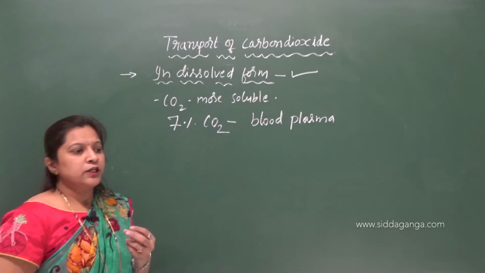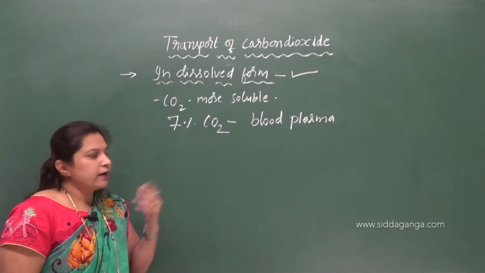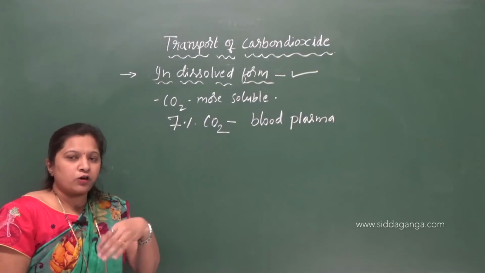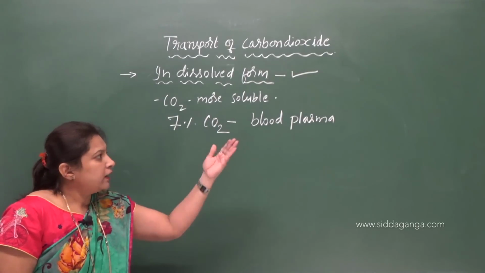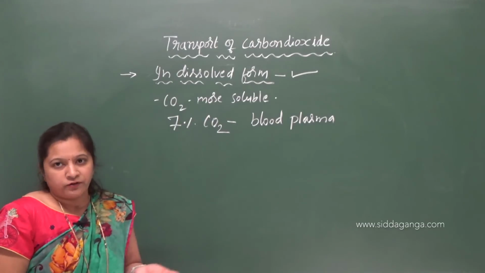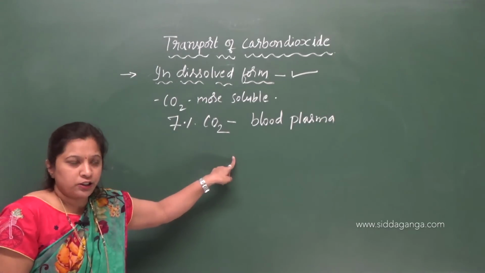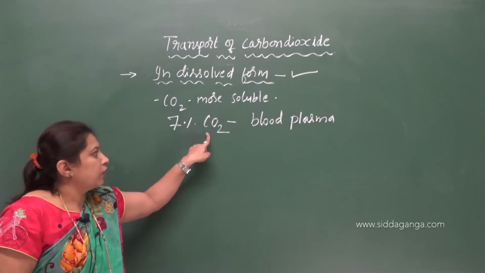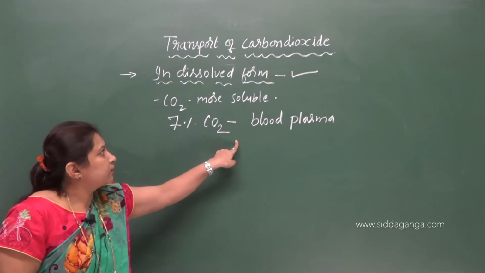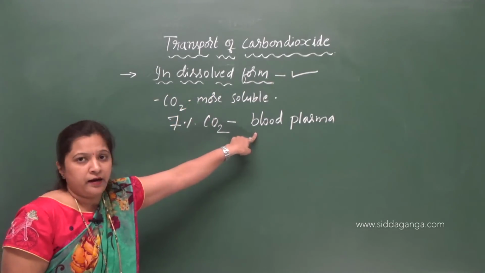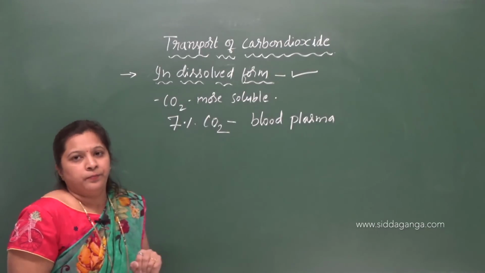Whereas oxygen is less soluble when compared to carbon dioxide, hence only 3% of oxygen is transported by the blood plasma in the form of solution. But carbon dioxide has higher solubility than oxygen, so about 7% of the carbon dioxide is transported in dissolved form by the blood plasma.